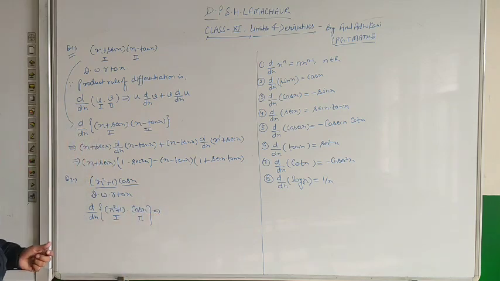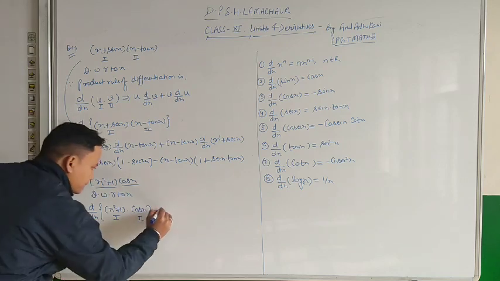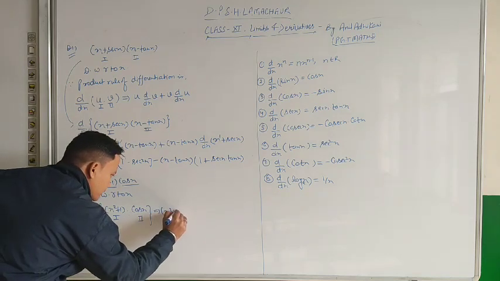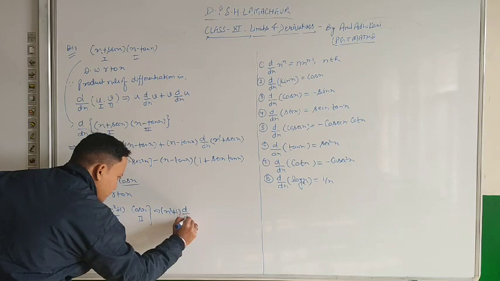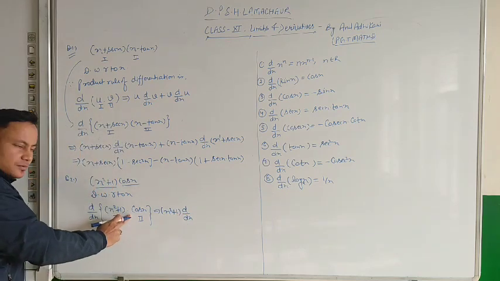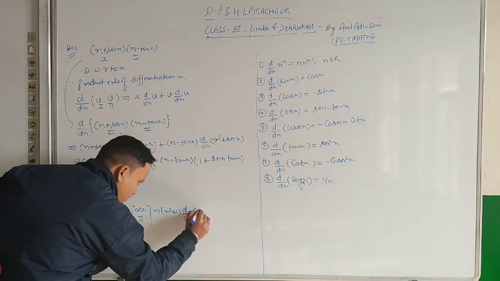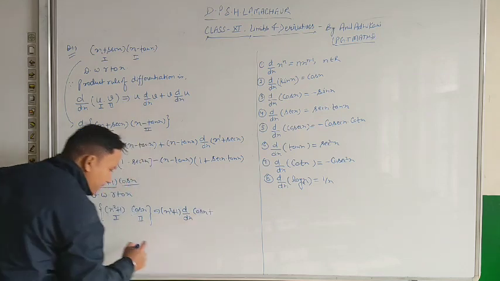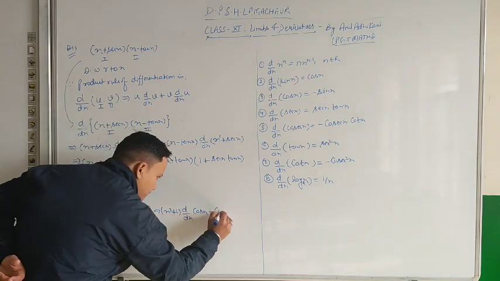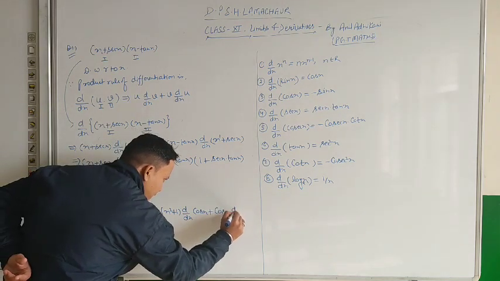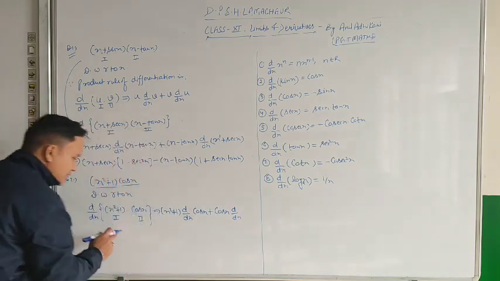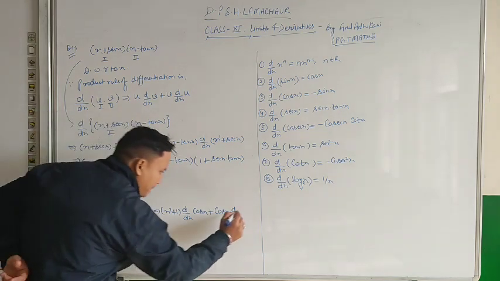Now apply the product rule. First function times derivative of second function, which is cos x, so the derivative of second is minus sin x, plus second function times derivative of first. The first function is given as x square plus 1.